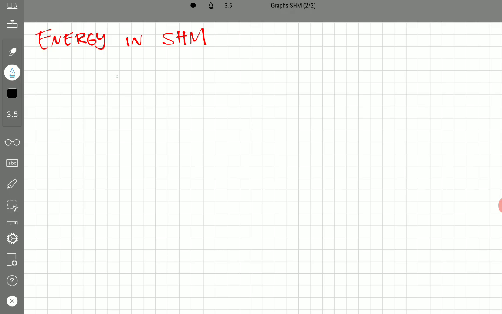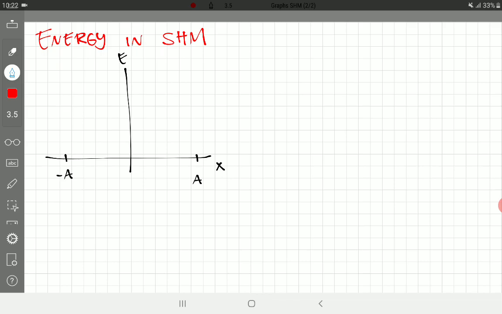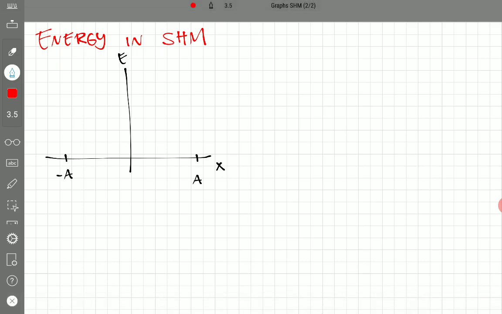So the graphs that you got there were this. You have a graph of energy versus displacement. You know that displacement can go between negative A and positive A for the motion, and then the kinetic energy, for example, will be something like this, as we saw there, because the object has zero kinetic energy, so this will be kinetic energy.